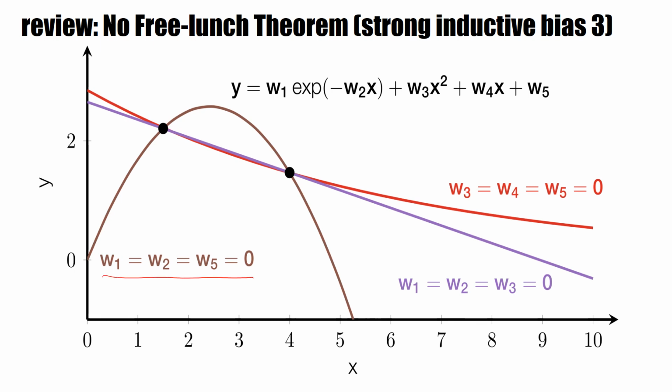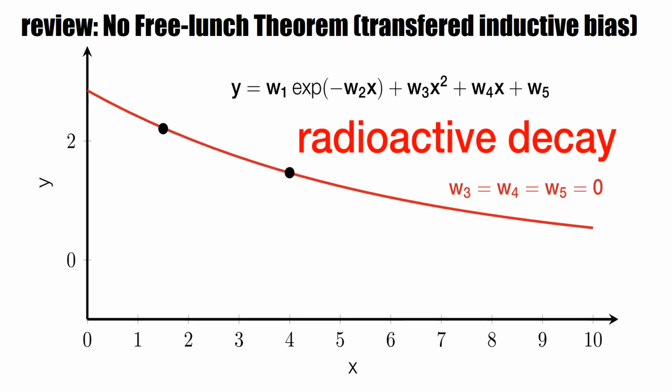What remains are W3 and W4, and so we can fit with this parabolic curve. So each time, by reducing the number of free parameters by extra knowledge, and this extra knowledge is called strong inductive bias, we are able to fit the 2 data points with a nice curve.